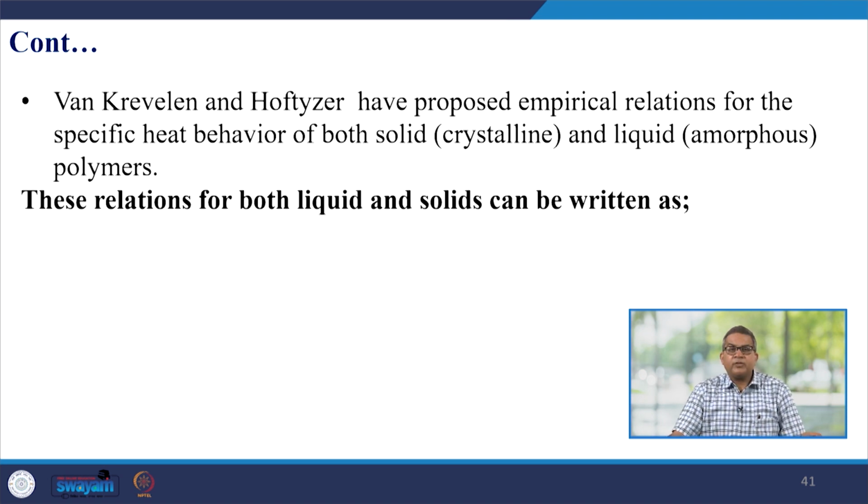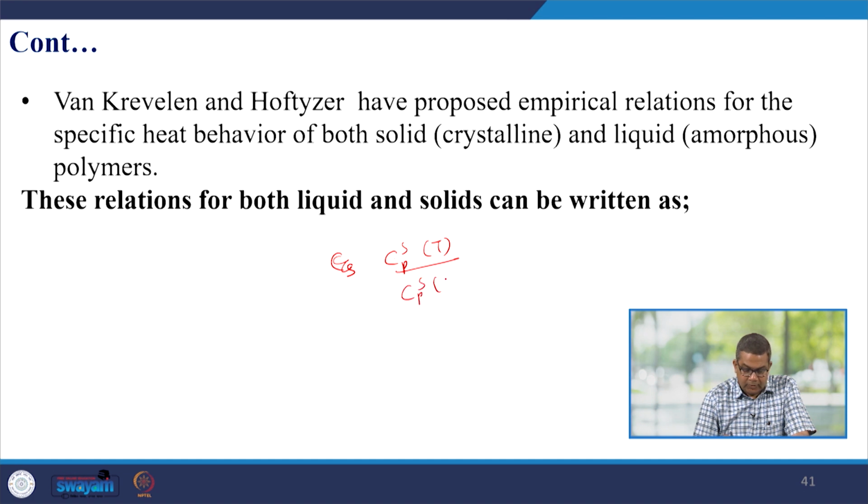Some scientists have proposed empirical relations for the specific heat behavior for both crystalline and amorphous polymer. These relations for both solid and liquid can be written as Cp,s(T)/Cp,s(298 K), the standard notation, = 0.106 + 0.003 T. Here S is for solid.